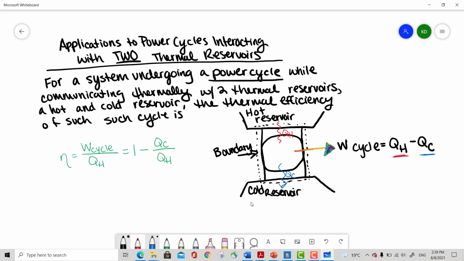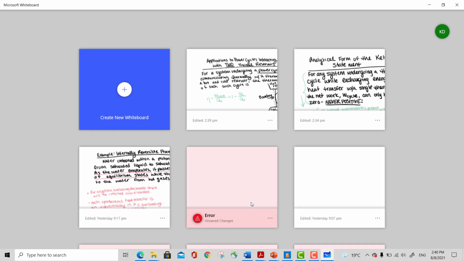So that's wonderful that we can kind of understand why just having one thermal reservoir is not going to produce anything. And then why, obviously, if you have two thermal reservoirs, a hot and a cold, you can actually get some work out of it. But what does this actually mean? How can we apply this?